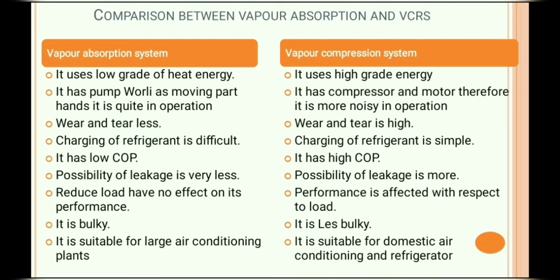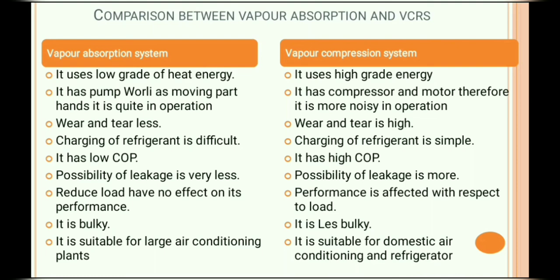Okay, the COP of the vapor absorption system is much lower compared to the COP of the vapor compression system. Because it works at lower pressure, the chance of leakage in the vapor absorption system is minimum.